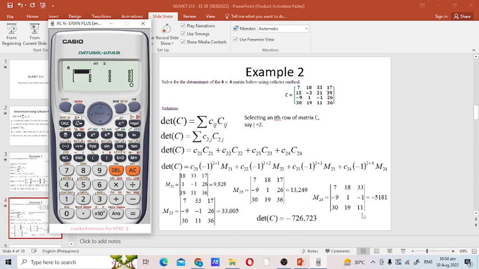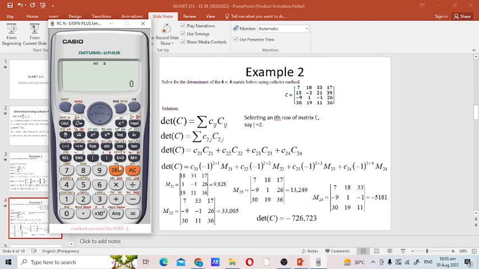So for M22: 7, 33, 17, negative 9, and so on, down to 36.